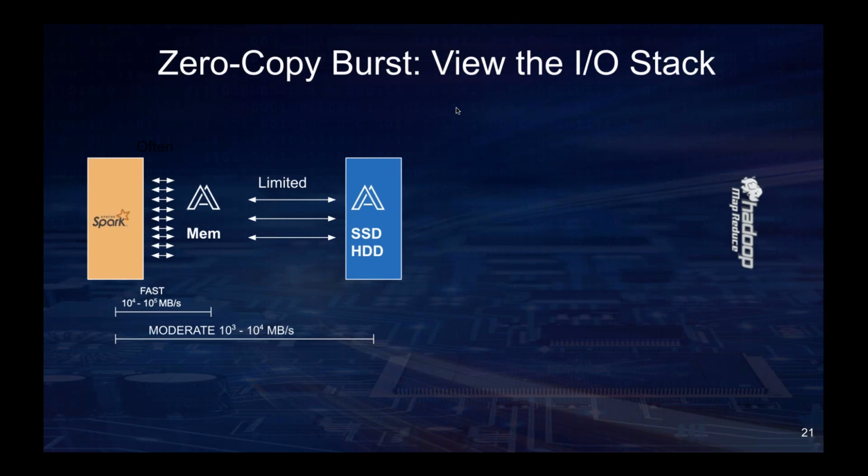That's very fast. Or if we don't have enough memory, you can use SSD to hold more data, and still you have data transfer to applications at the speed of 1,000 to 10,000 megabytes per second.